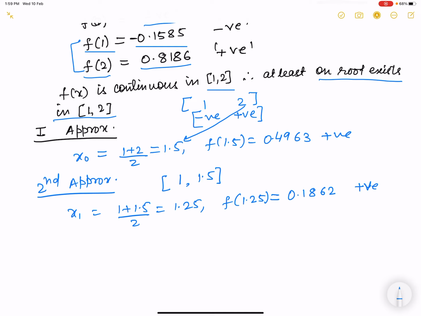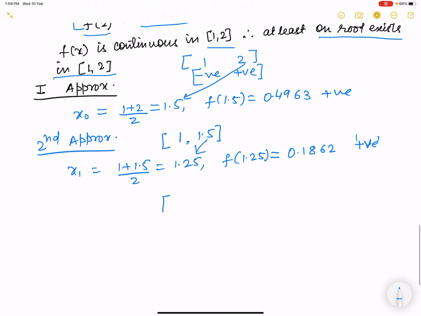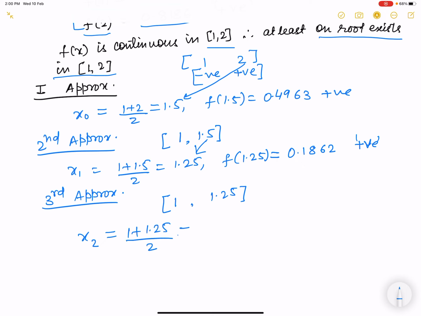This means that we are going to change the positive end again, that is, 1.5 is to be replaced by 1.25. Now we have the interval 1 and 1.25 where the root lies, and this is the third approximation. Let us bisect it again: (1 plus 1.25) divided by 2, and we'll get 1.125.